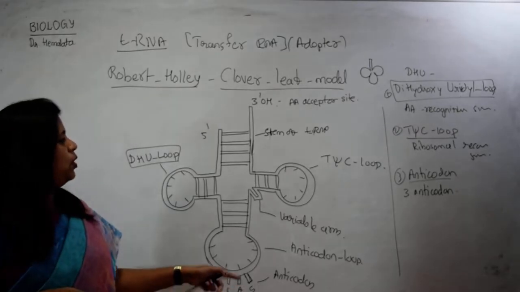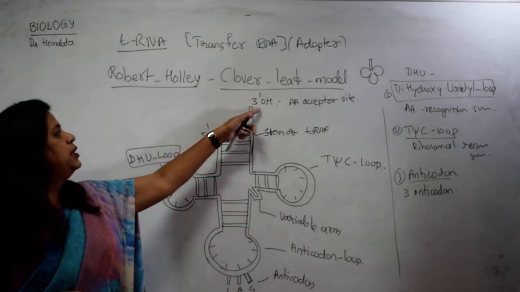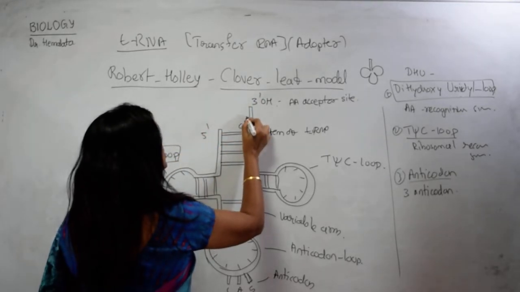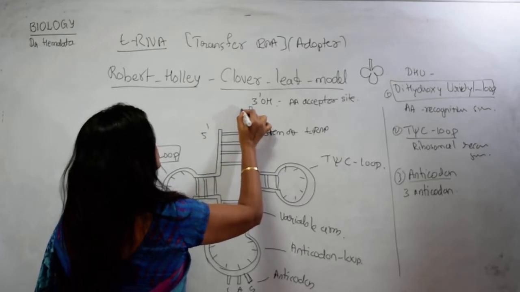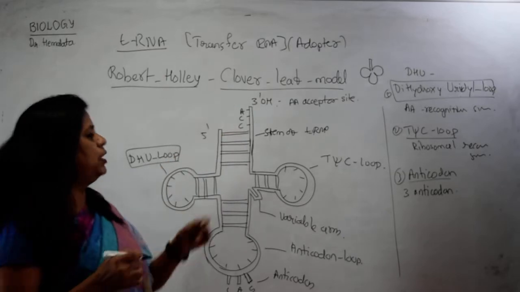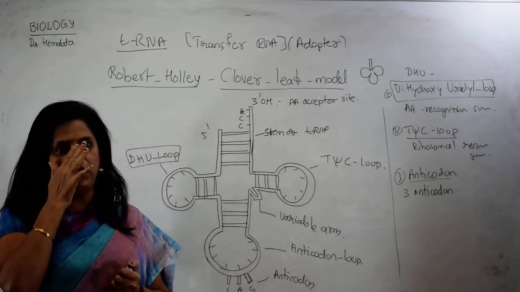Based on this anticodon, it will get the amino acid at the 3' OH end, and at this area you get CCA as free nitrogen bases. These are not going to bind with the other one. The upper 3 nitrogen bases are free, that is CCA.